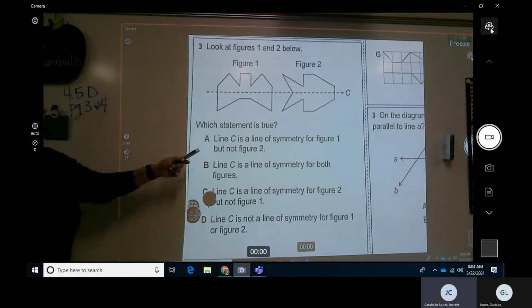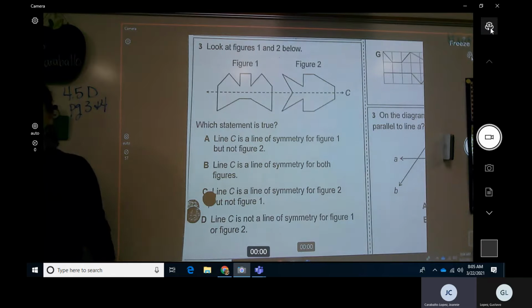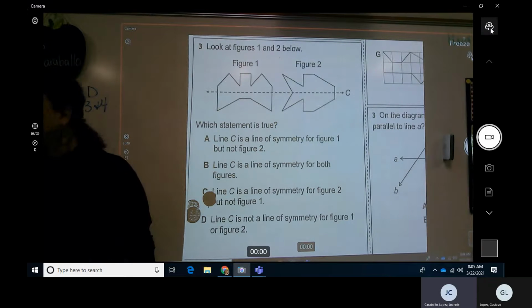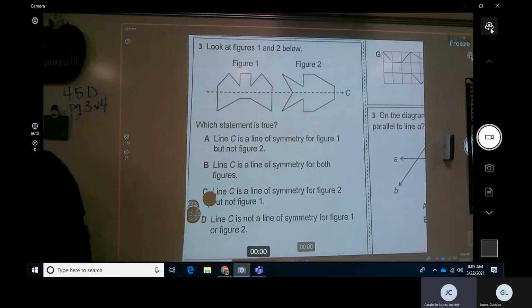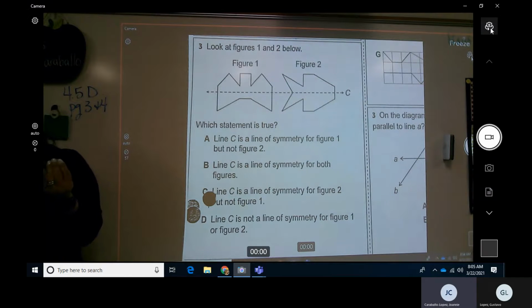So A says line C is a line of symmetry for figure 1, but not figure 2. So entendemos que son líneas de simetría. Do we know what that is? So lines of symmetry, what this means is that if I were to fold something in half, I would have the exact same half, okay?